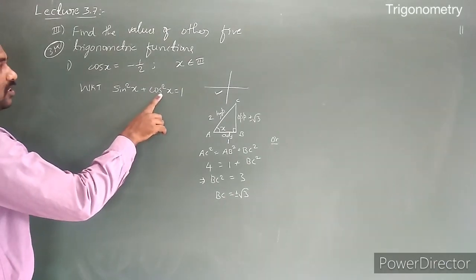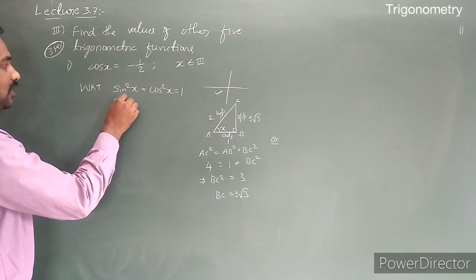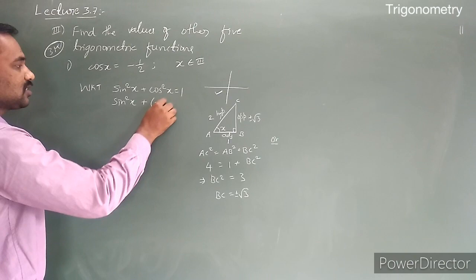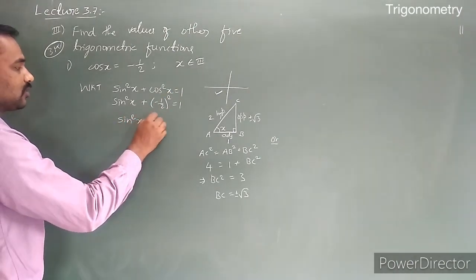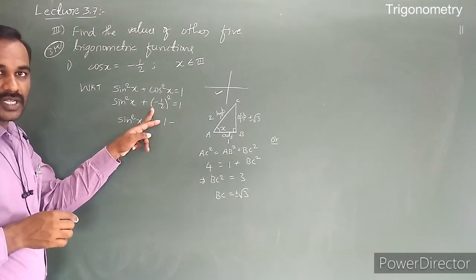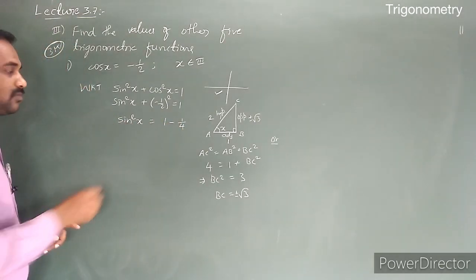Here, which value do you know? The cos of x value. Replace it here and we will get the sin value. For example, sin square of x plus cos of x, which is minus 1 by 2, whole square, is equal to 1. So sin square x is equal to how much? 1 minus, and minus 1 by 2 whole square is plus 1 by 4. Plus 1 by 4 shifted to the right hand side becomes minus 1 by 4.